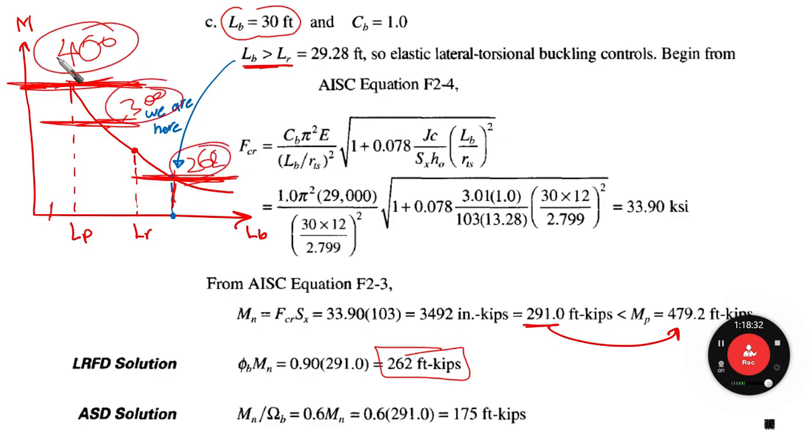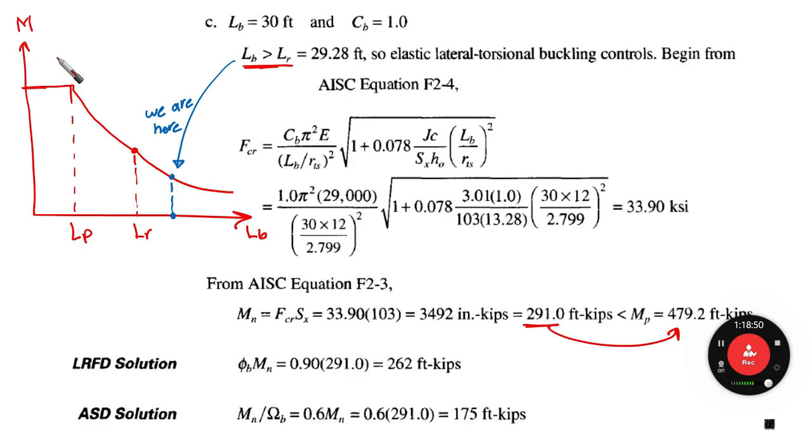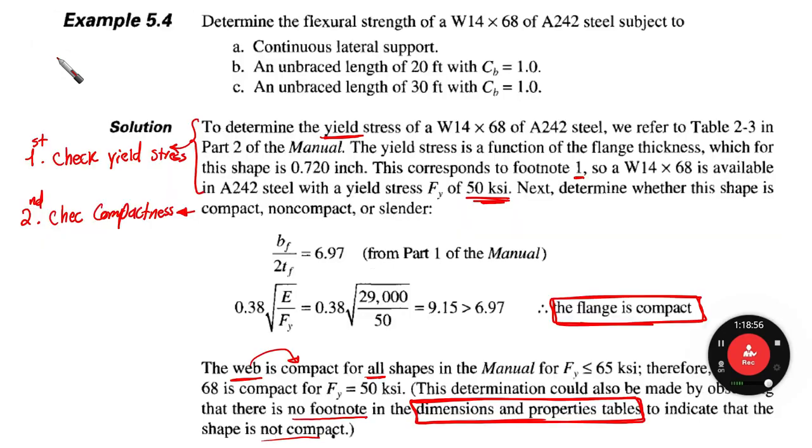By controlling the bracing length, you are controlling the nominal flexure or the design flexure strength of your sections. I hope by the end of this example you understand really what is the meaning of nominal strength of compact sections for beams.